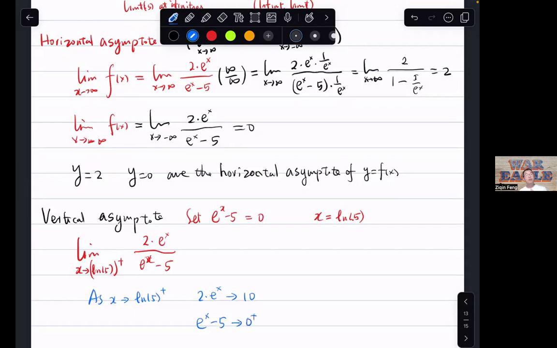You get 10 over 0 plus. It's getting closer and closer to 0, but positively, and so this is clearly positive infinity.